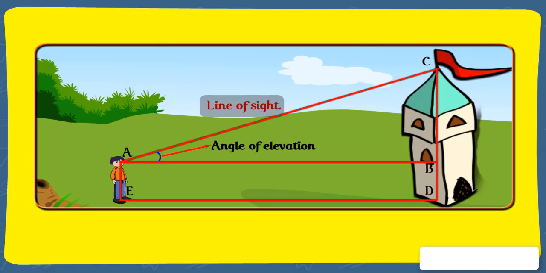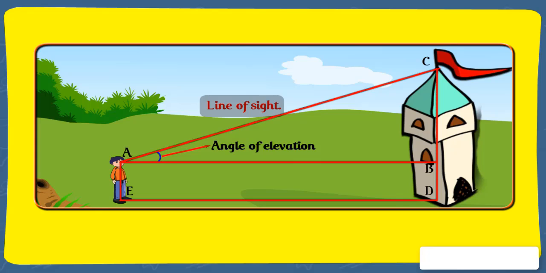Let us again look at the figure showing the angle of elevation. If we want to find the height CD of the tower without actually measuring it, what information do we need? We would need to know the following. 1. The distance DE at which the student is standing from the foot of the tower. 2.